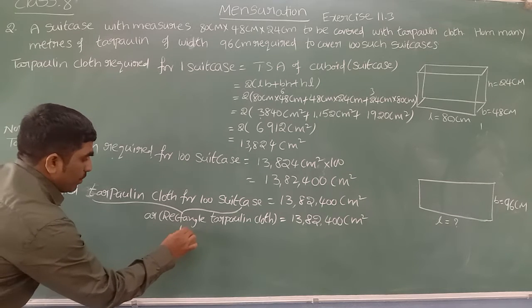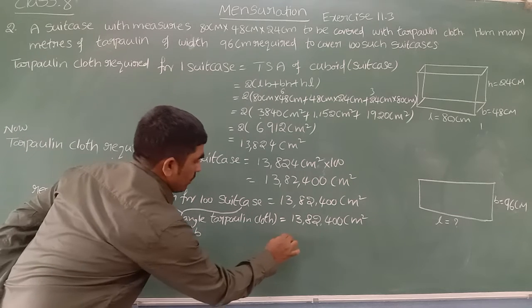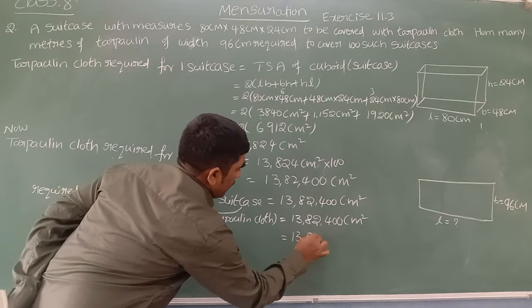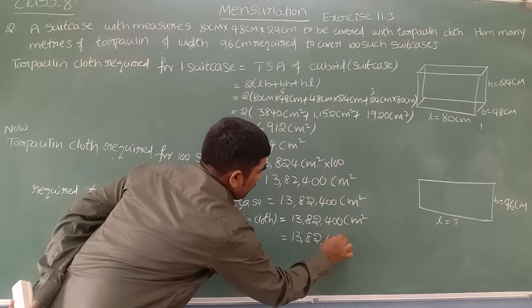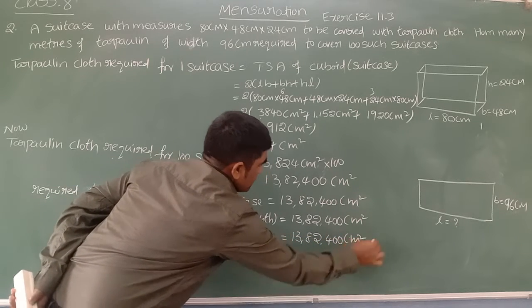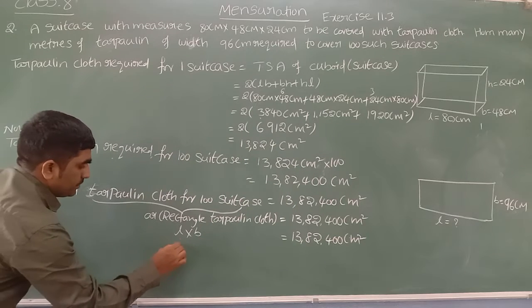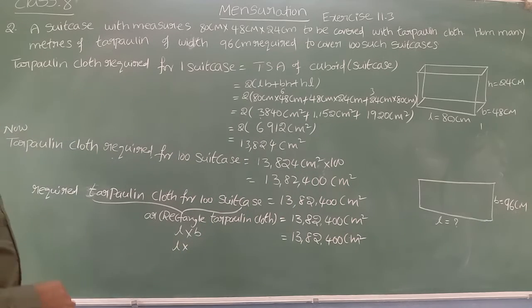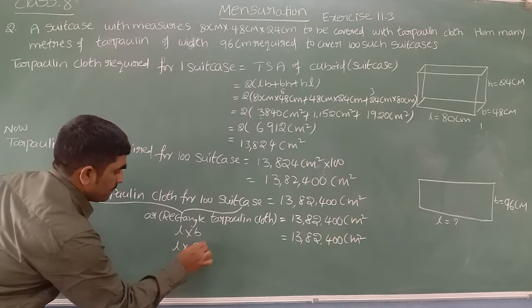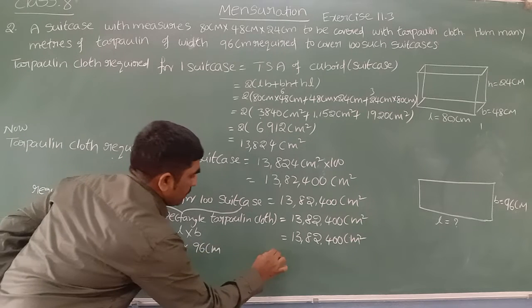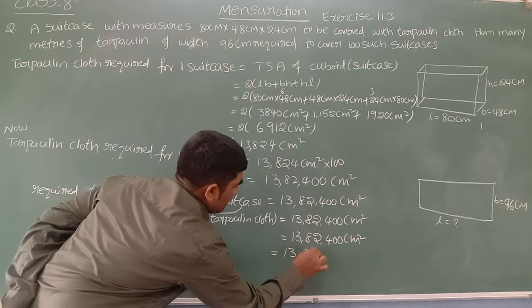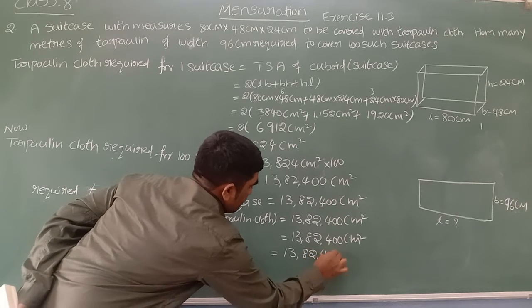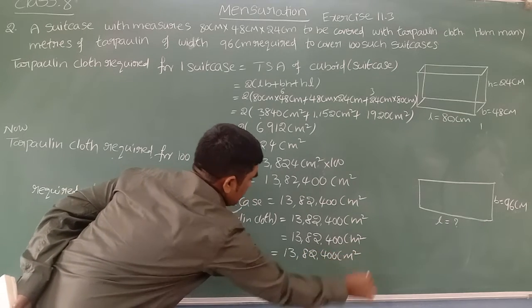Area of rectangle, we know, length into breadth is equal to 13,82,400 square centimeters. So what is the length? We have to find it, and the breadth is 96 centimeters.